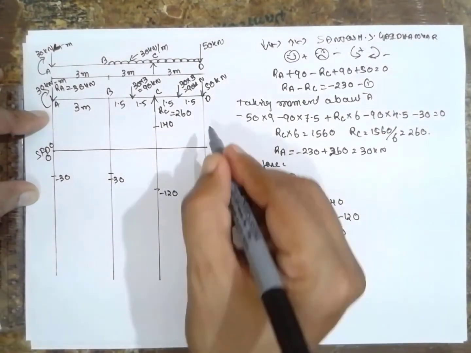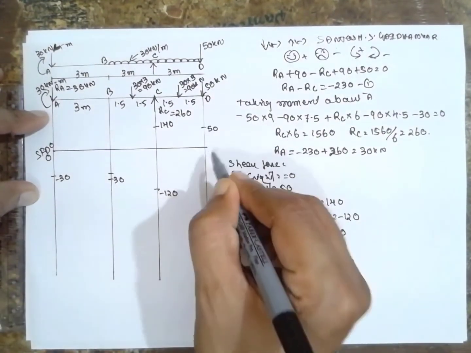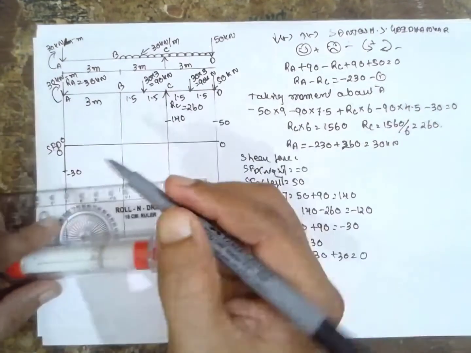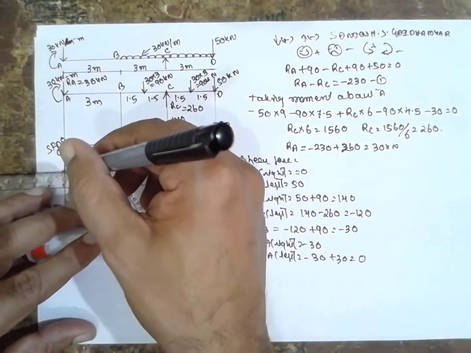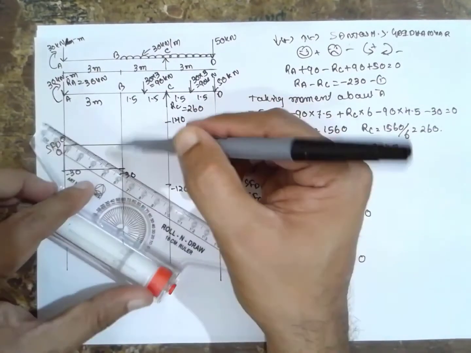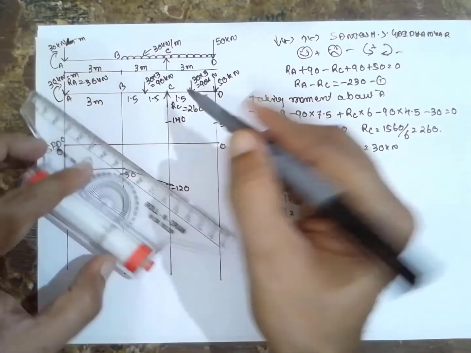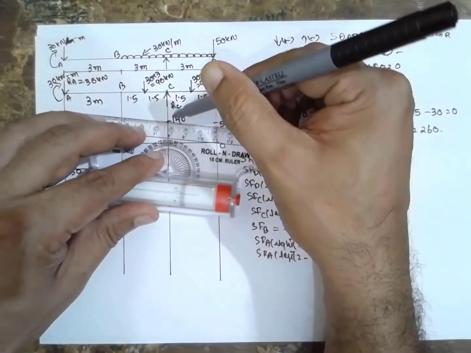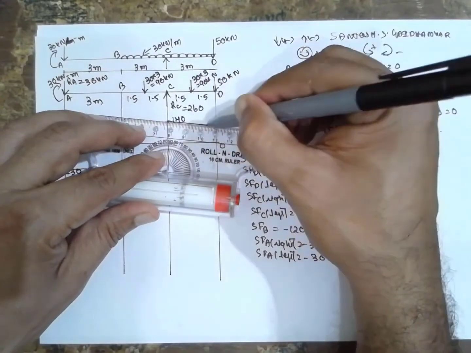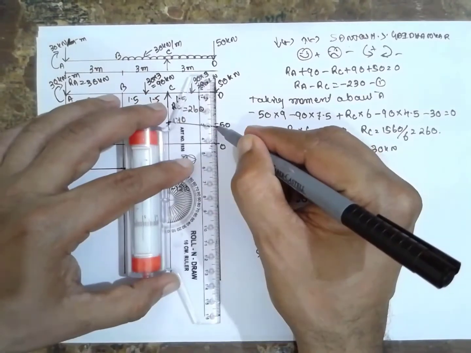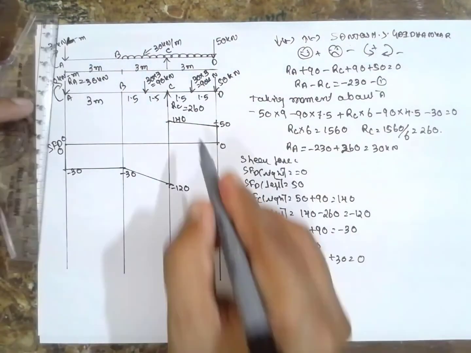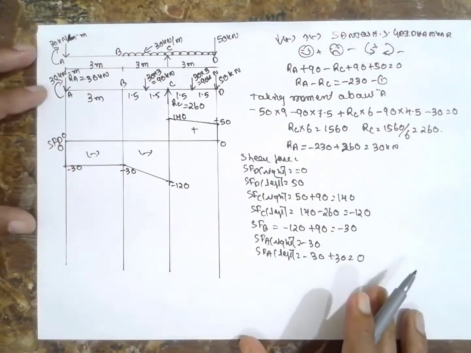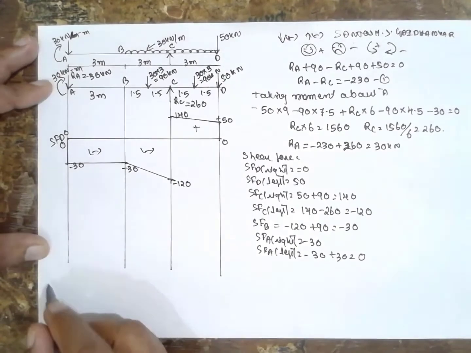Again at D 50 and 0. Now draw the lines. A little bit inclined here. Positive, negative, negative.